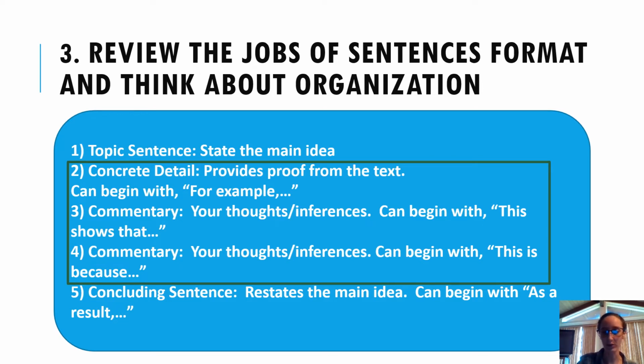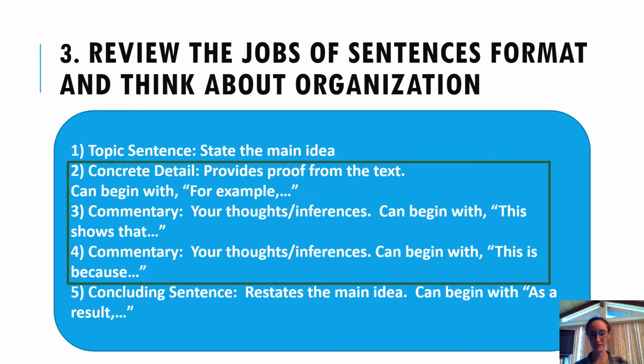So the way that you grow a paragraph is by taking this thing in the rectangle, the concrete detail, commentary, and you repeat it. You grow your paragraph by just repeating it and repeating it. Not as in you write the exact same thing. You find another concrete detail and write more commentary relating to that concrete detail. And then you just keep going like that.